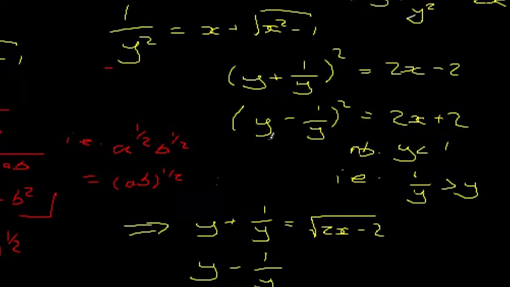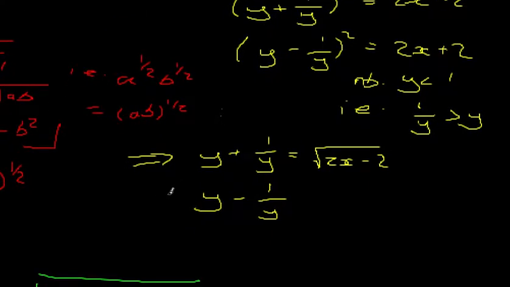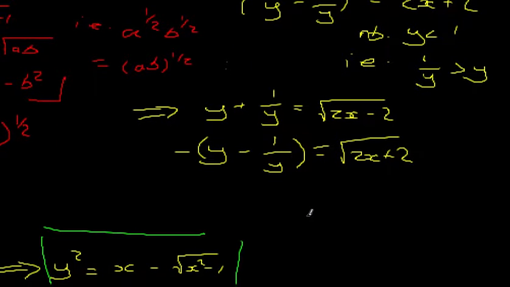We're here now, looking at this equation. We want to take the root, but this is negative, by this. So we want minus this is equal to root 2x plus 2. And so now we want y on the left hand side, so we just subtract these two things.